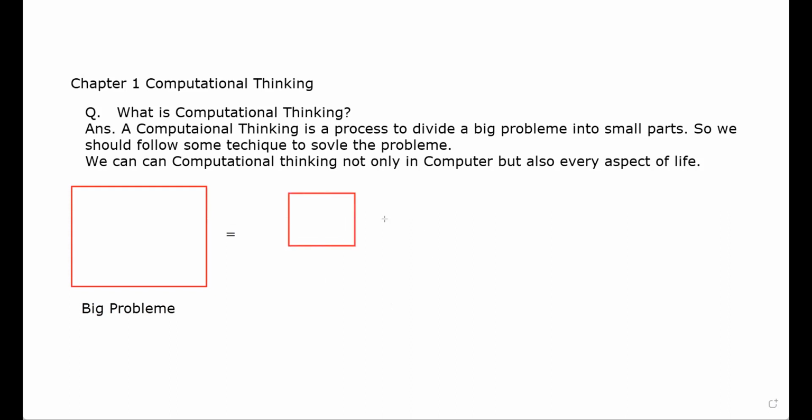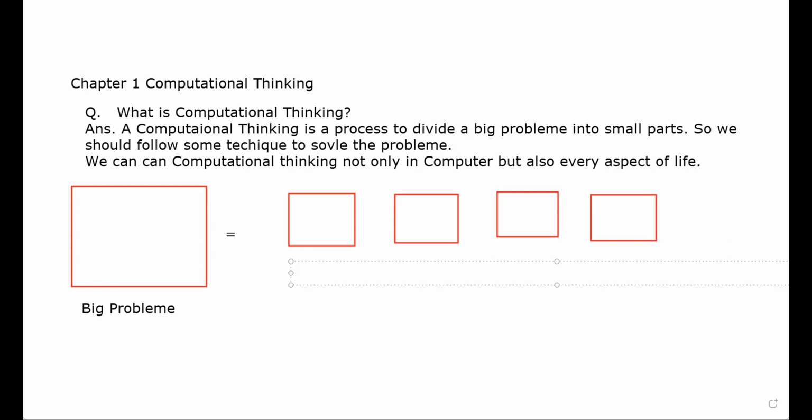This is part 1, part 2, part 3, part 4. So we need to divide the problem into small parts.